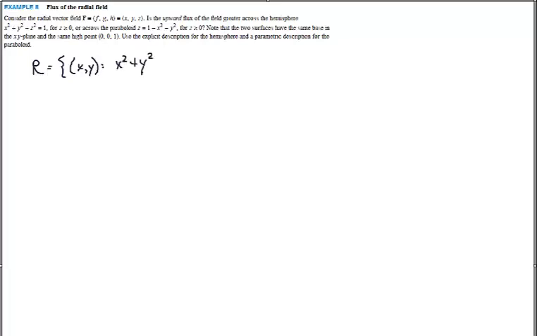So it's a circle of radius 1, and in polar coordinates, my r is between 0 and 1, and my theta is, of course, between 0 and 2 pi.